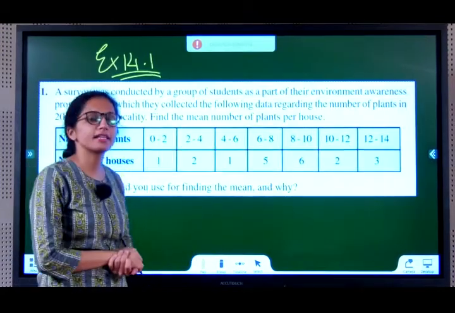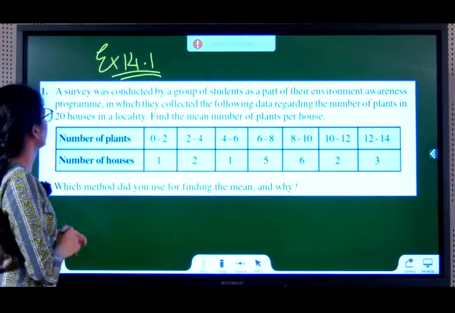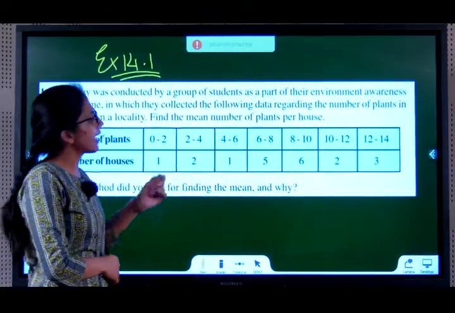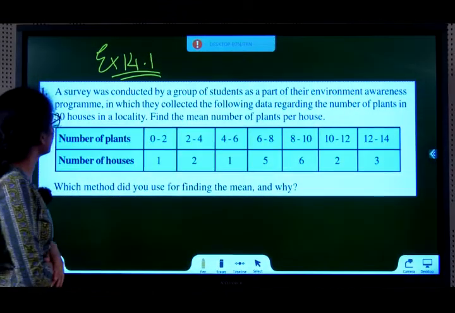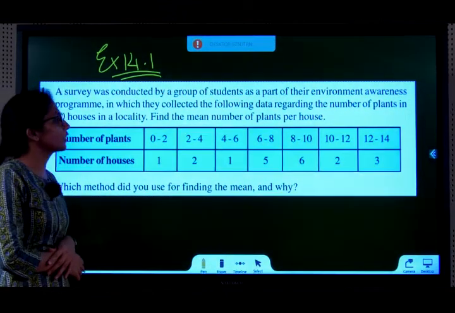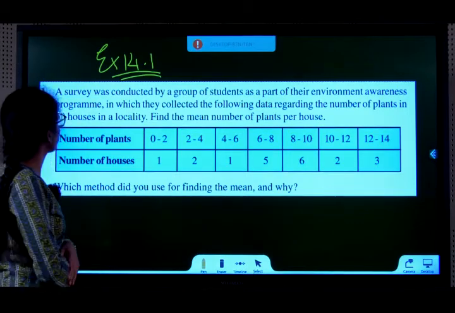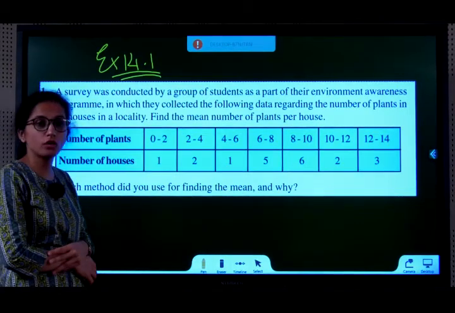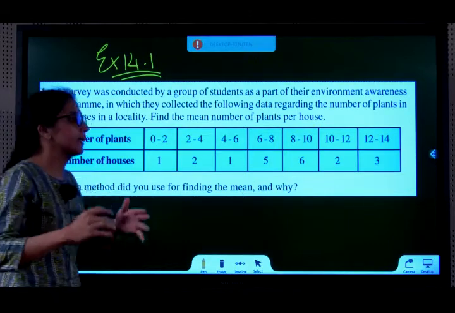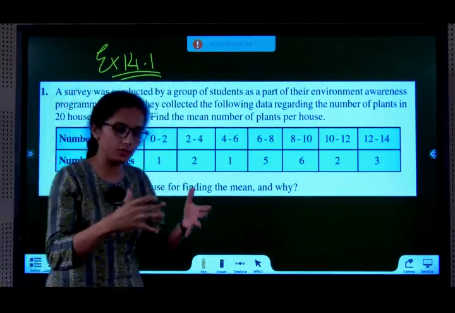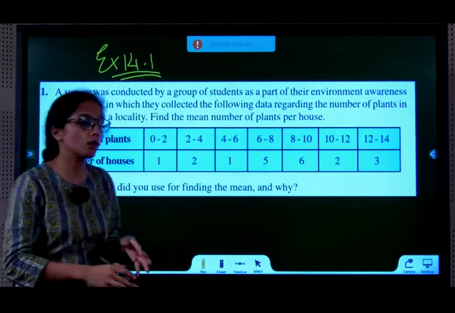Let us begin with Exercise 14.1, first question. A survey was conducted by a group of students as part of their environment awareness program, in which they collected the following data regarding the number of plants in 20 houses in a locality. Usually the total number of observations, or the total frequency, is given in the question.